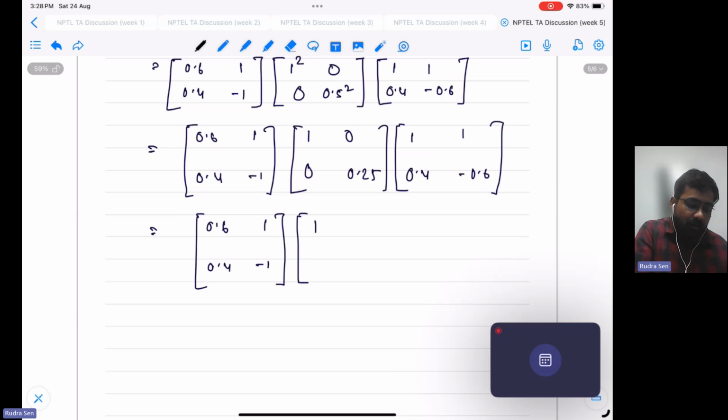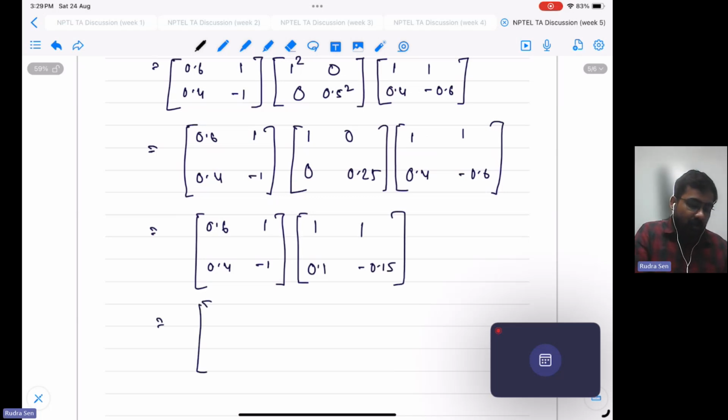So 1 is 1, and 0.4 into 0.25 is 0.1, and 0.6 into 0.25 is 0.15.